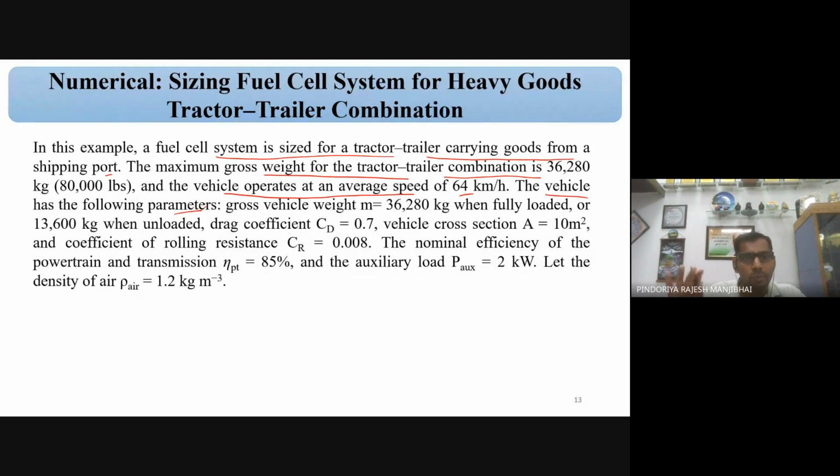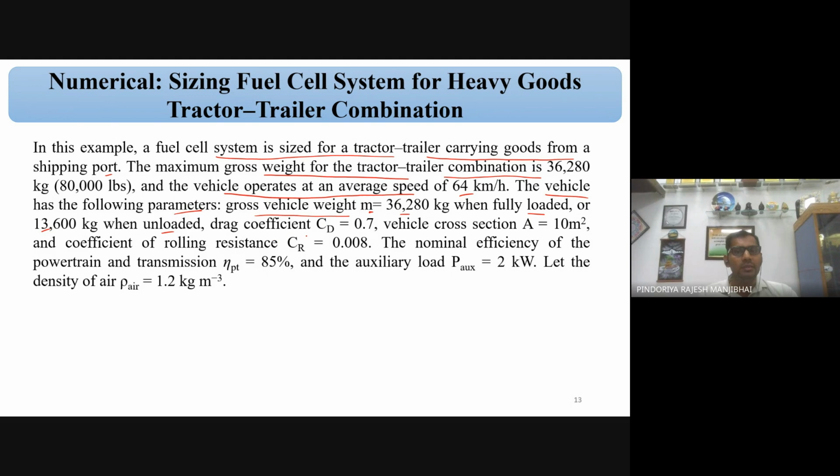A lot of parameters are given. Gross weight, vehicle weight M: 36,280 kilograms when fully loaded, or 13,600 kilograms when unloaded. So only the tractor weighs 13,600 kilograms, and with load there is 36,280 kilograms.